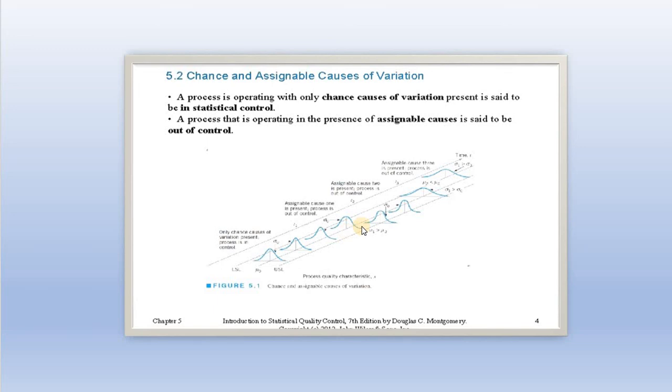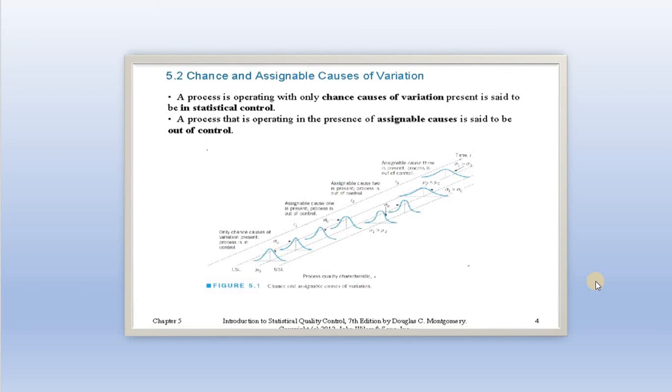But after certain time points, an assignable cause is present in the process and the mean and sigma shift to other points outside the control limits due to the presence of the assignable cause. The variation becomes large and the process becomes out of control.